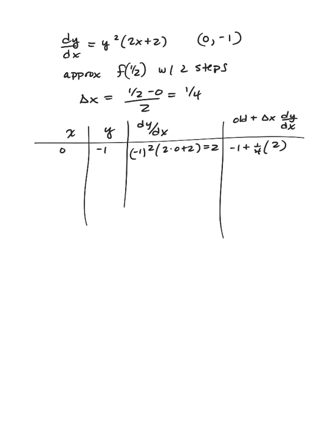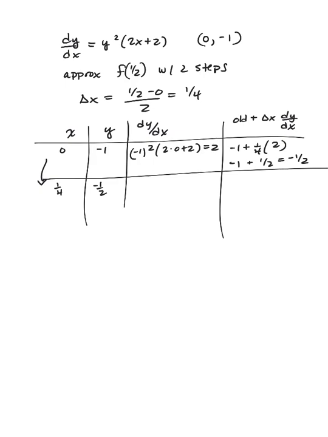We're adding this on to the old. So what do we have? We have -1 plus 1/2, which is -1/2. So now we have, remember this is going up by 1/4, so we have (1/4, -1/2).